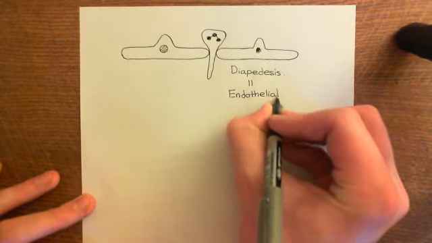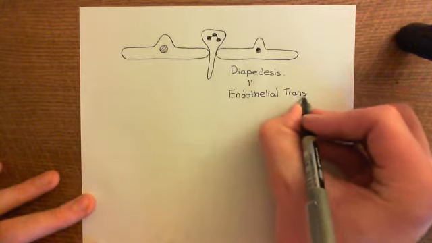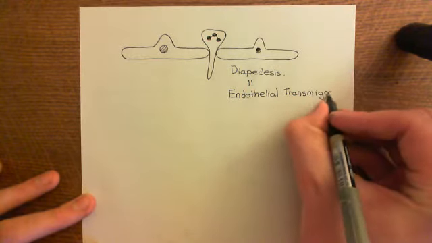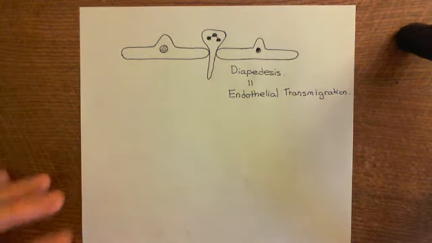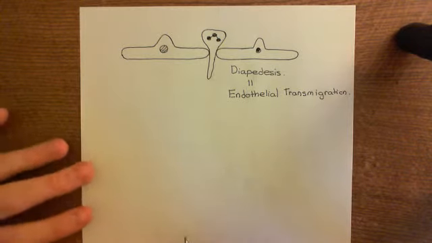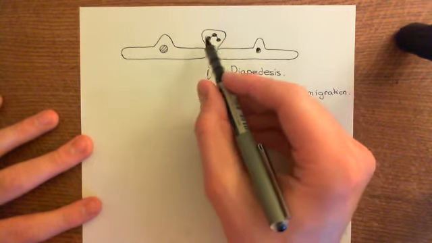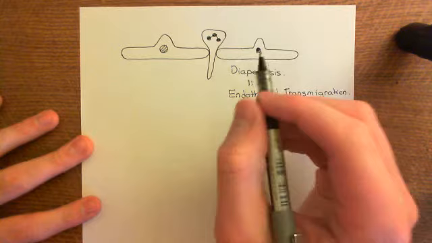Okay, now there is an important interaction here that occurs within the diapedesis. Let me just go over this. So endothelial transmigration. Okay, so basically there is another cell adhesion molecule which is within the family of immunoglobulin superfamily cell adhesion molecules, which plays an important role in this diapedesis of neutrophils out of the blood vessel.